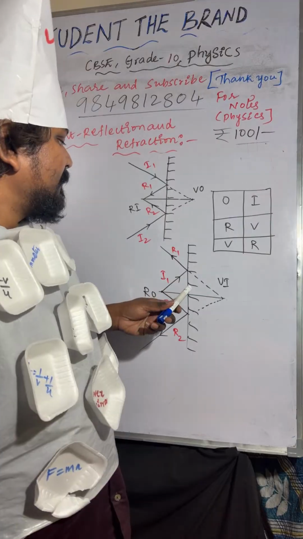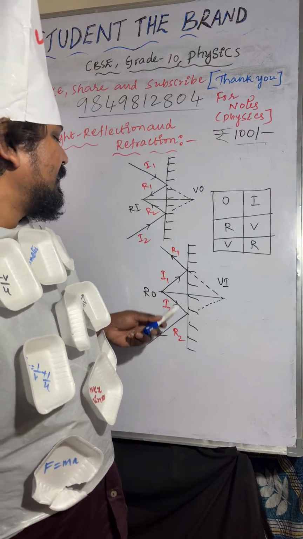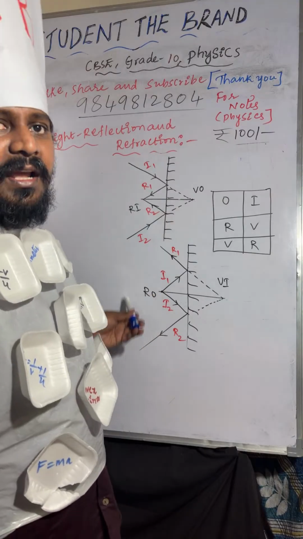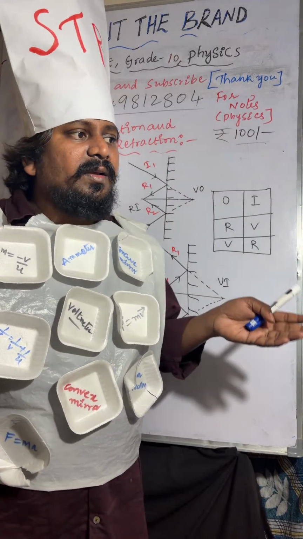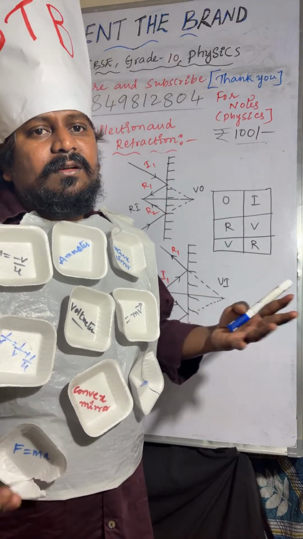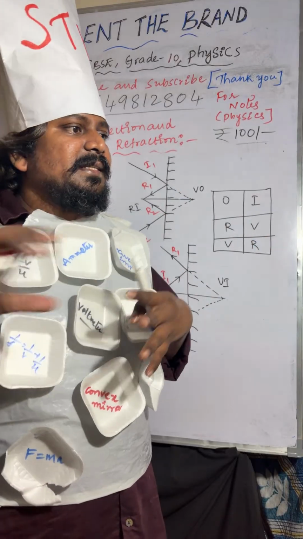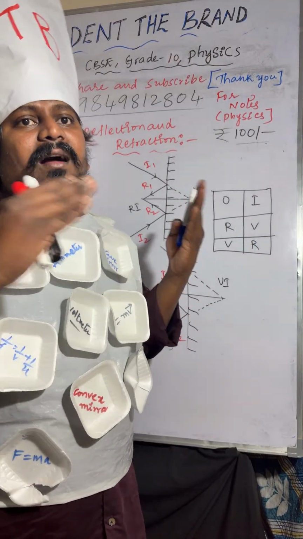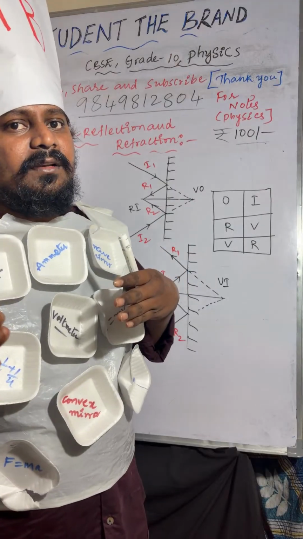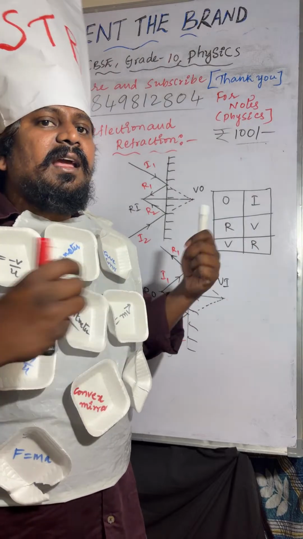And here you can see, from one point incident light rays are coming. So this is a real object. Best example, a candle, a bulb, different objects we can consider. From that point light rays are coming, so that is a real object. The source which is giving light is called the real object.